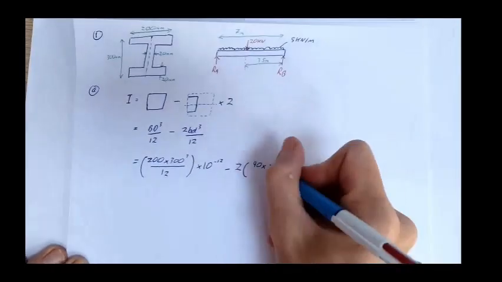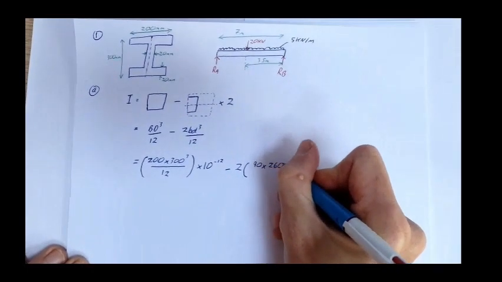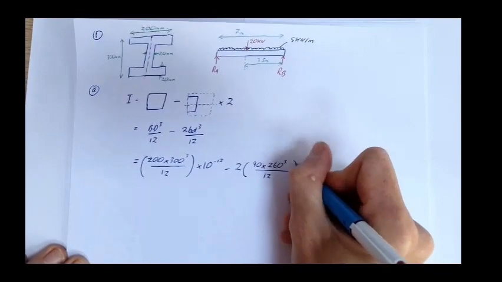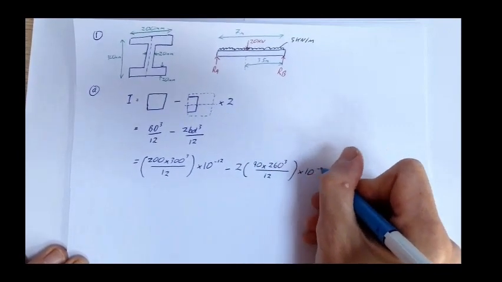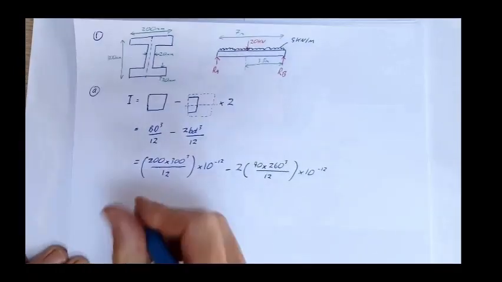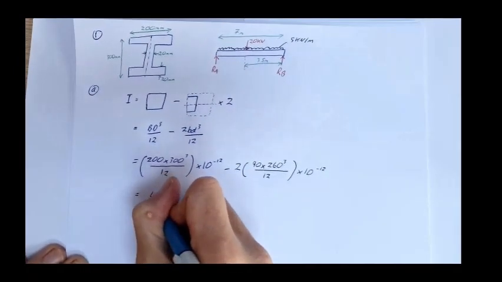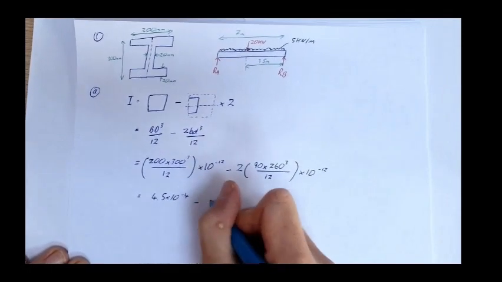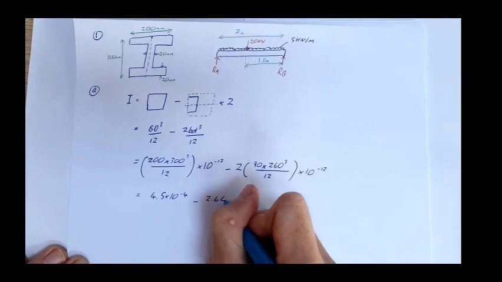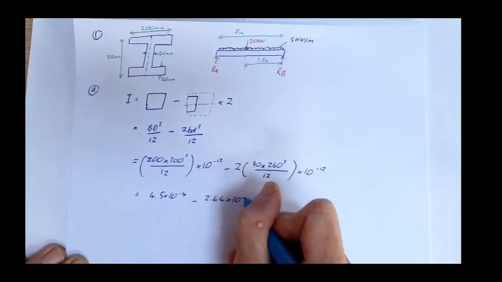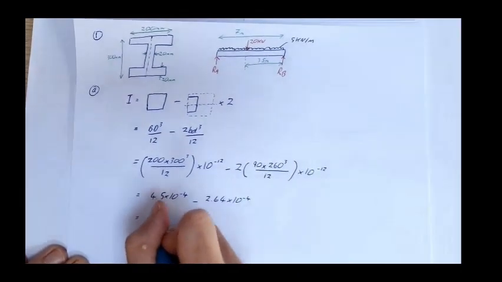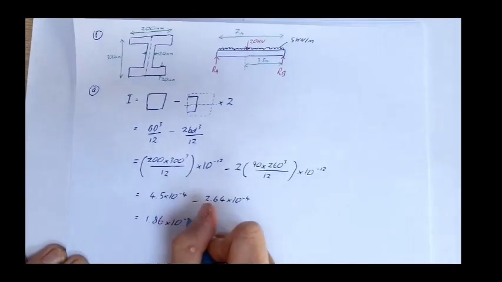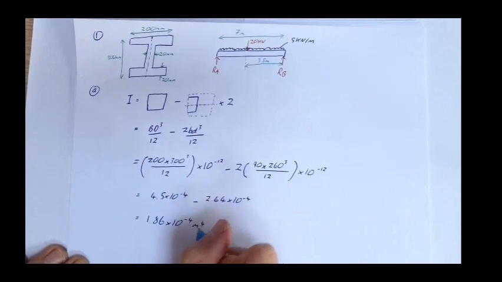So it's 260 cubed over 12, again times 10 to the minus 12 to put that into meters, which gives me 4.5 times 10 to the minus 4 minus 2.64 times 10 to the minus 4, which is 1.86 times 10 to the minus 4 meters to the 4.